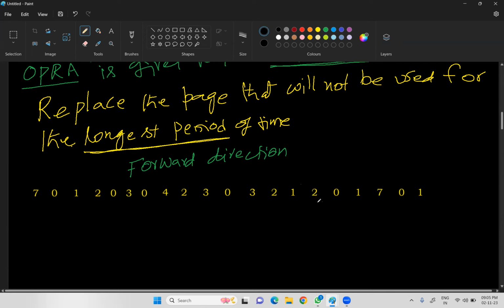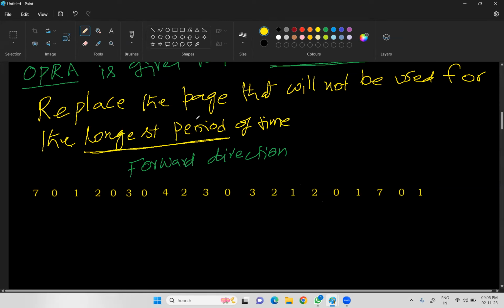So let us examine that three frames are allocated for our process. Let me discuss how the optimal page replacement algorithm works here.